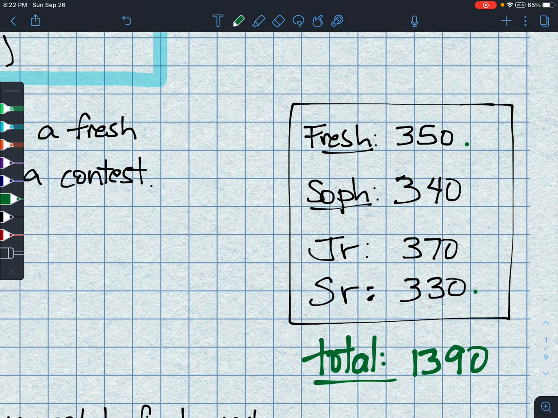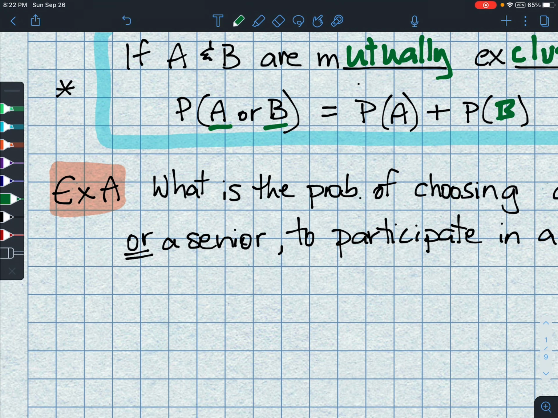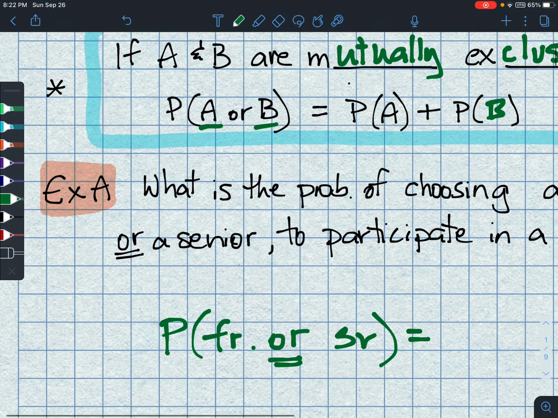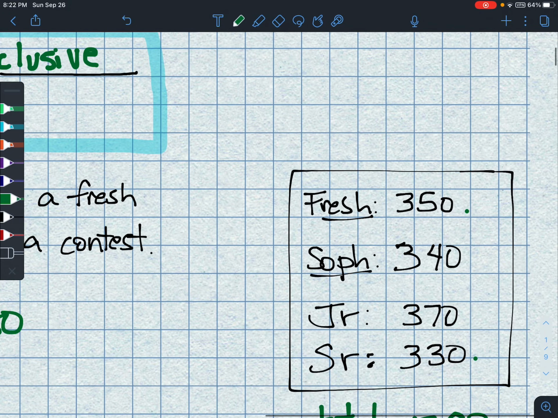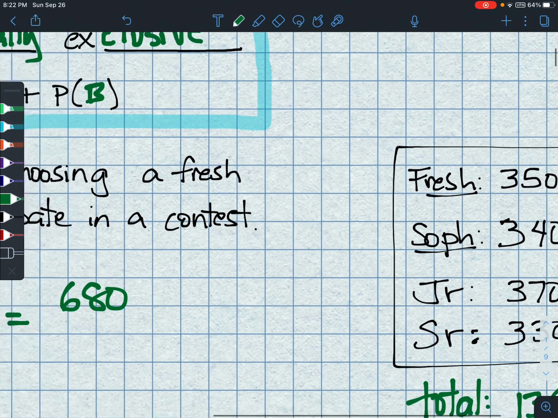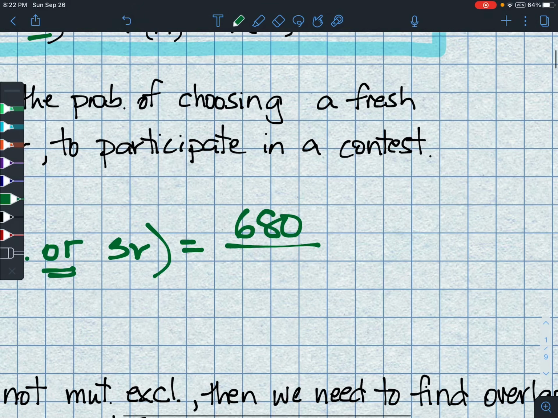And then on top, I'm going to add the 330 and the 350. So the probability of a freshman or, key word there, pay attention to that, senior would be 680. Did I add those up right? Yeah, I think so. Over 1390.